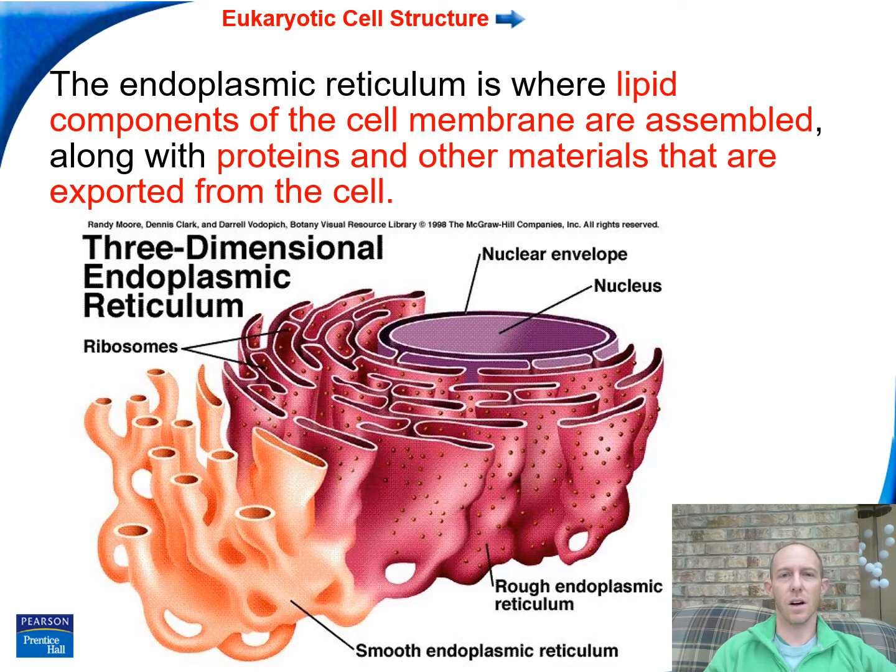So what do they do? Well, let's just talk about the ER as a whole entity. We don't really need to distinguish between smooth and rough ER. So what's it do? It makes some stuff. We'll worry less about that than the second function, which says proteins and other materials are exported from the cell.